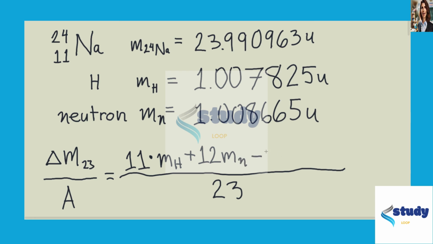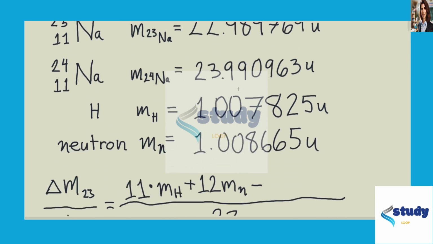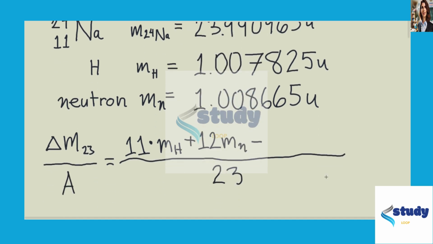And we're going to subtract that by the mass of the assembled isotope here, that's M23 Na.